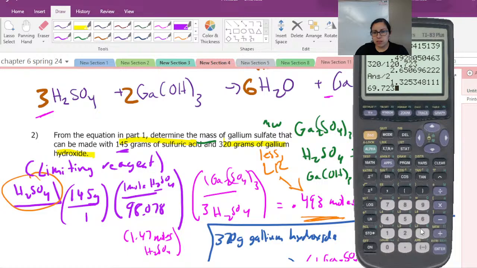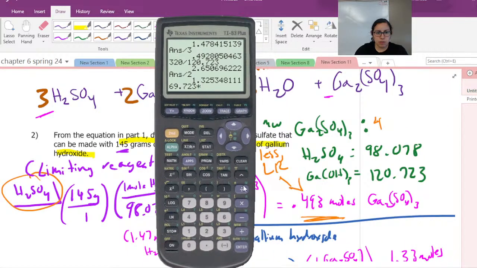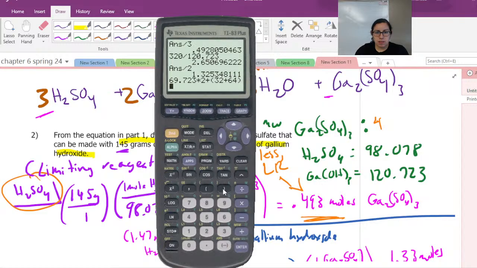So 69.723, so times 2 of them. And so let's add our sulfates, that might be easier. So 32 plus 4 times 16 is 64, right? Double check my math, and then times 3, so I'm multiplying all the sulfates. So that gives me 427.